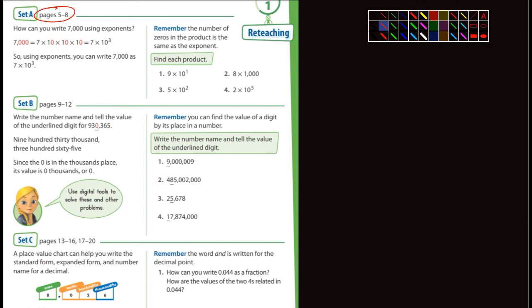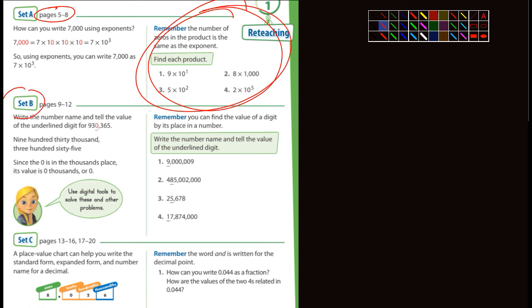And then they even tell you what pages you can find the similar work on. And then over here, on the right side, is what they want you to do. So for set A, if you look on your workbook, pages 5 through 8, you would find how to do these problems here. And then in set B, it says pages 9 to 12.